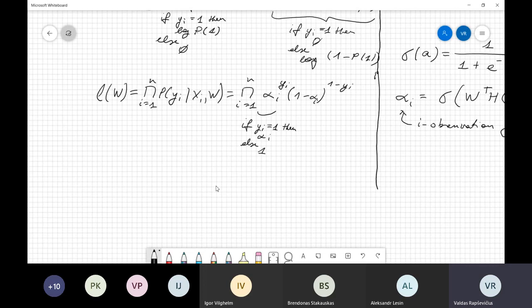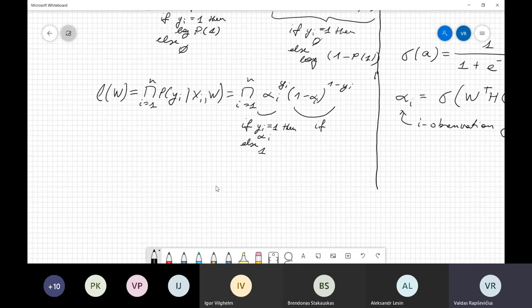So this is basically a product of different objects that tend to be in the right or not the right class, and we basically make this product diversify by the actual class.